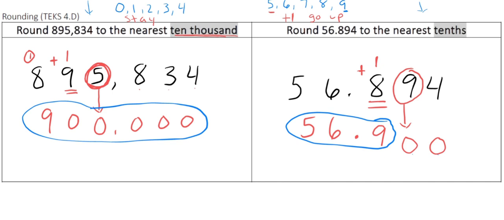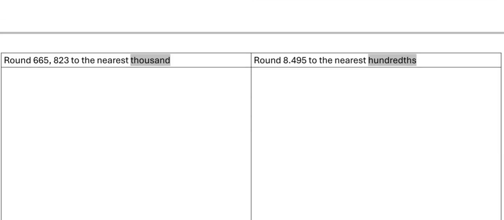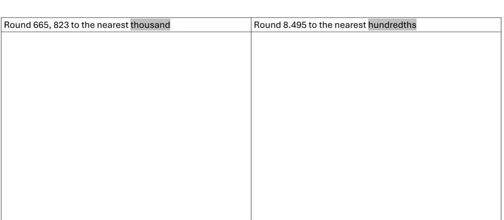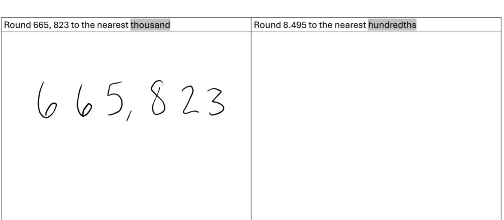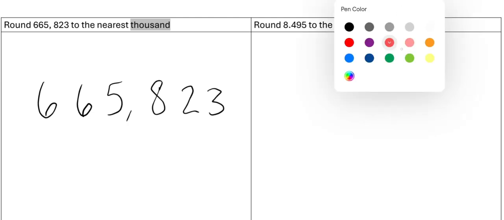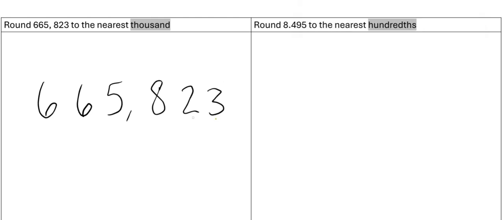Let me do another example with you. Okay, so let me write my number. And this one says we are rounding to the nearest 1,000. So remember, this is my ones, tens, 100, 1,000.